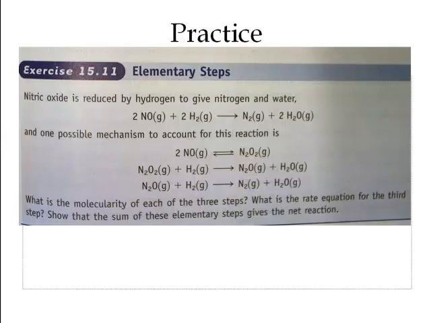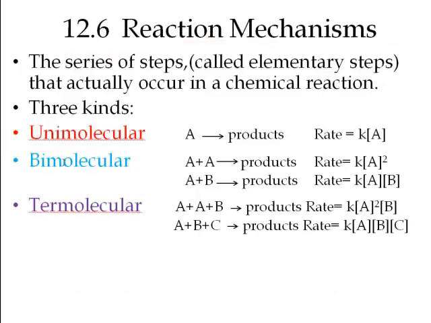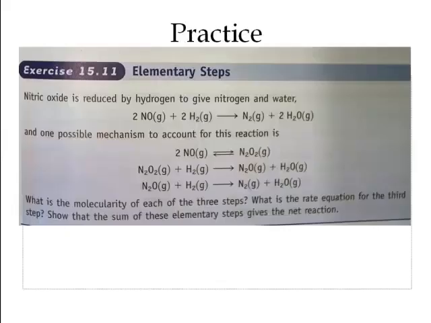If you're asking yourself, what in the world is molecularity? Well, that's this stuff right here. They're asking you, is it unimolecular, bimolecular, termolecular, that kind of thing. So if we look at the molecularity, right here, this is unimolecular, bimolecular, bimolecular. All right, so we've answered that question.